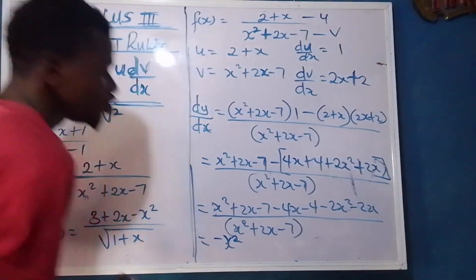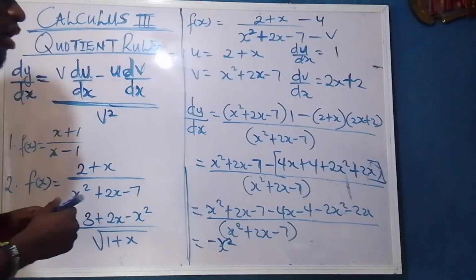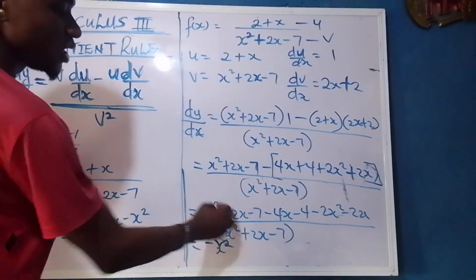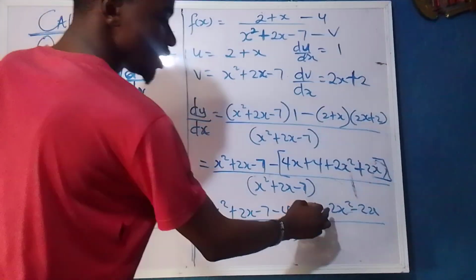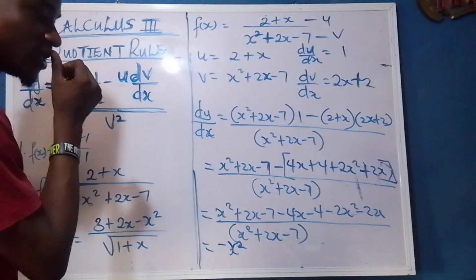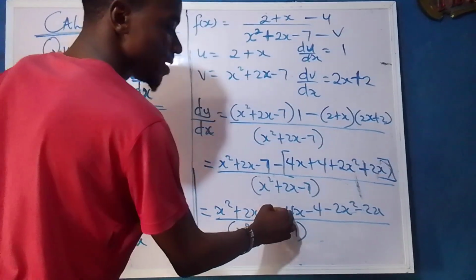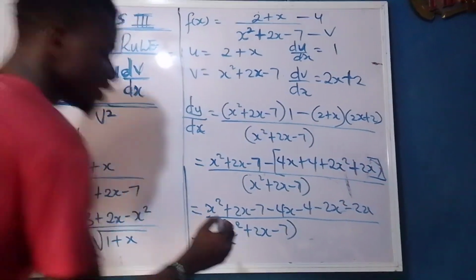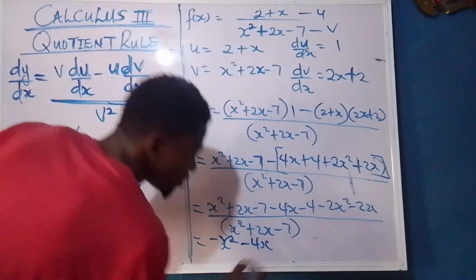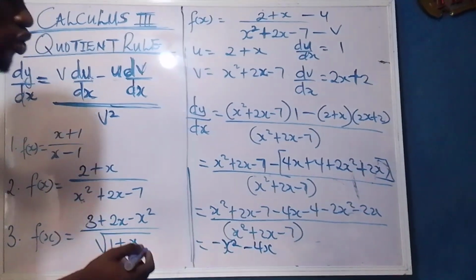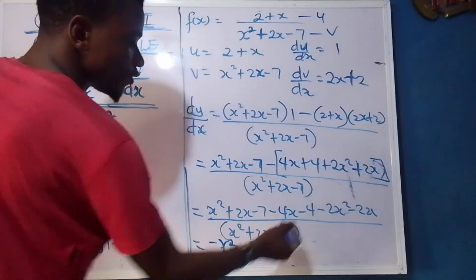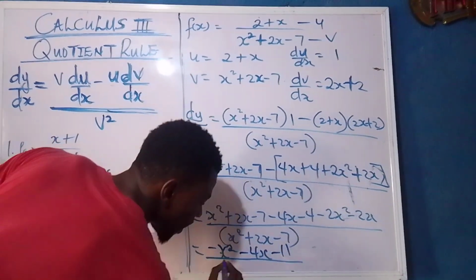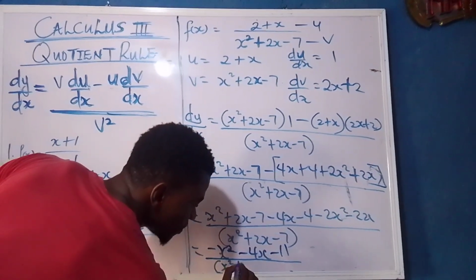Then the ones with x: we now have 2x, minus 4x, and minus 2x, that will give us minus 4x. Then the constants: we have minus 7 minus 4, which is minus 11. So minus 11 over x squared plus 2x minus 7 squared.